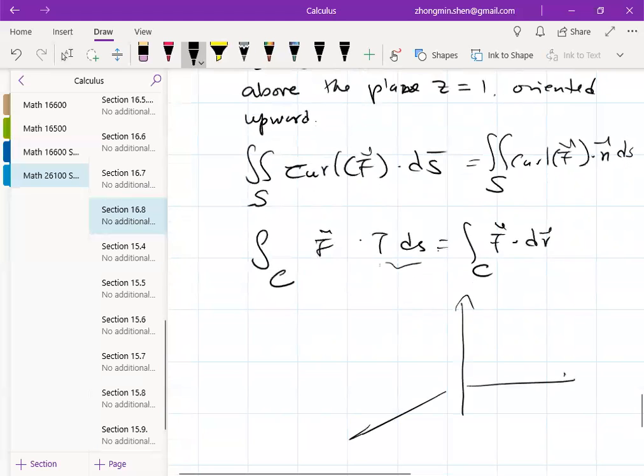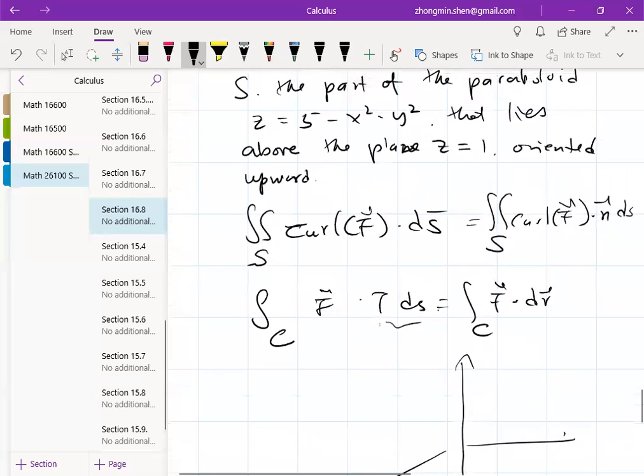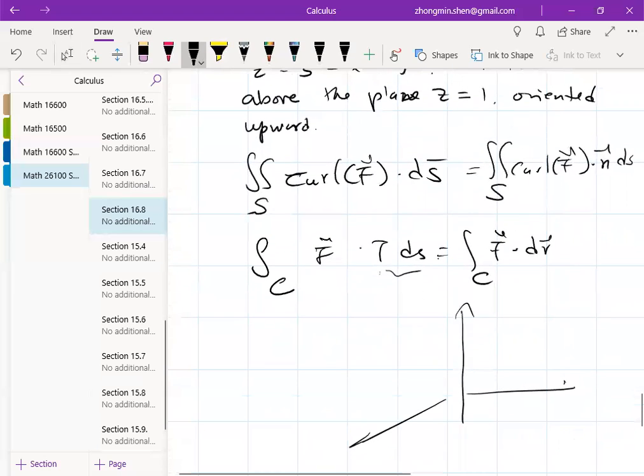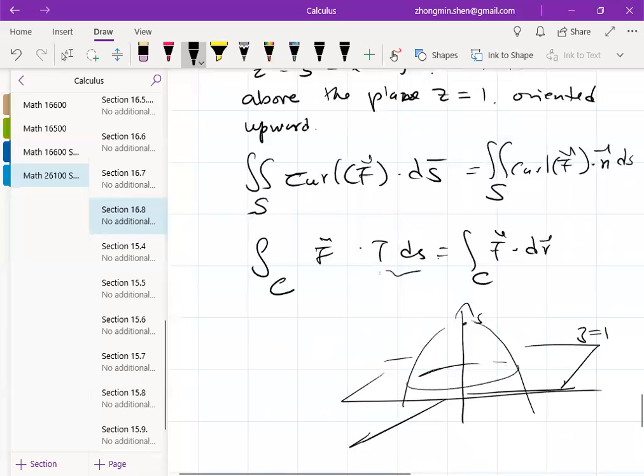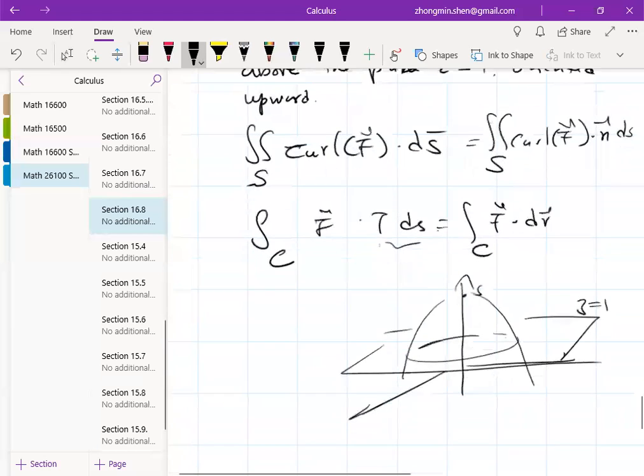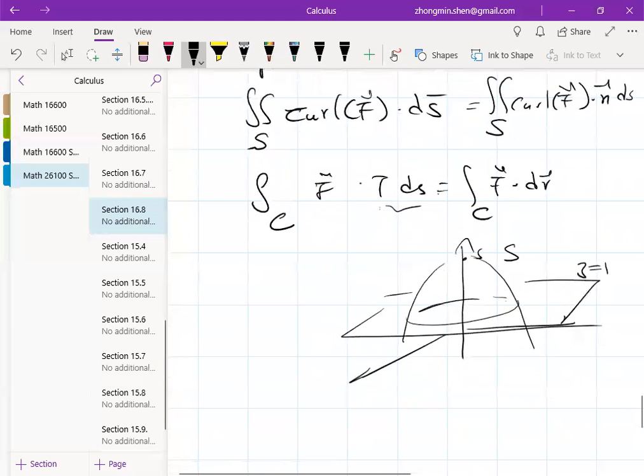This is a surface that opens downwards, it's at 5, and the plane is xy, here's z equals 1. This is a surface, and C is the boundary, oriented upward. That means you are given the normal vector pointing outside.